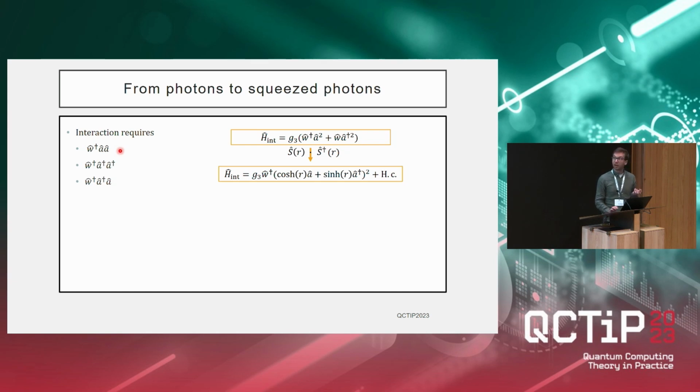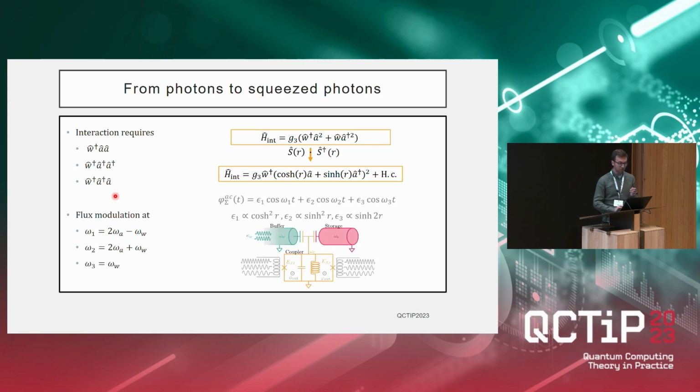We have to do the same now as well. And we have 2 more interactions, which look a bit different. But importantly, in the end, it just corresponds to applying multiple additional flux modulations to the coupler at omega 2 and omega 3, which are a bit higher frequency and sometimes at resonant. So we get a few more wiggly lines here. And that's the whole picture.